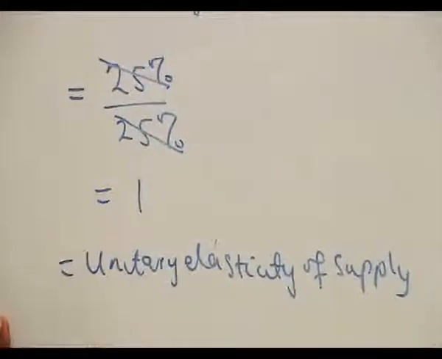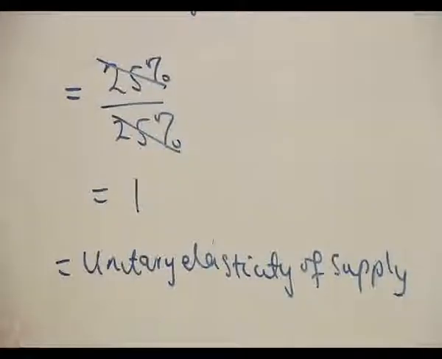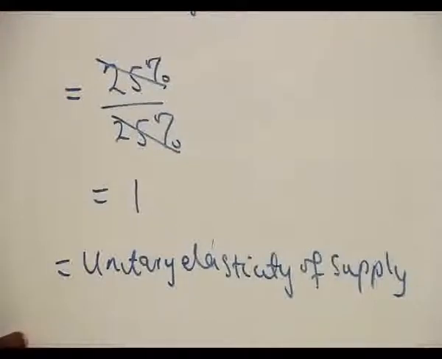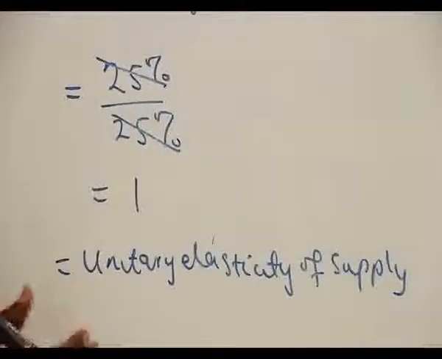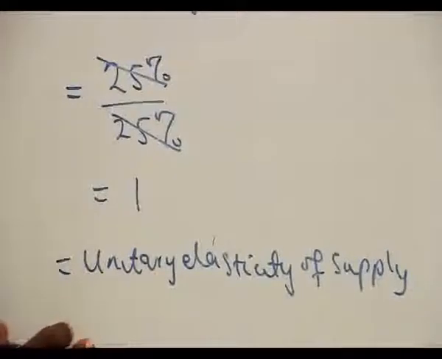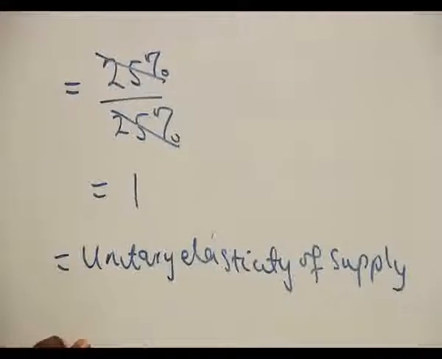So in price elasticity of supply, we have unitary, where the coefficient is always 1. We have elastic, which is always greater than 1. And we have inelastic, which is always less than 1. So by our calculation, using the data before us, the coefficient is 1, which means the price elasticity of supply is unitary elasticity of supply.